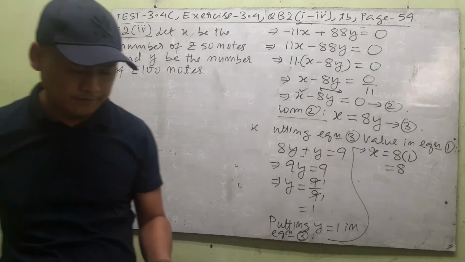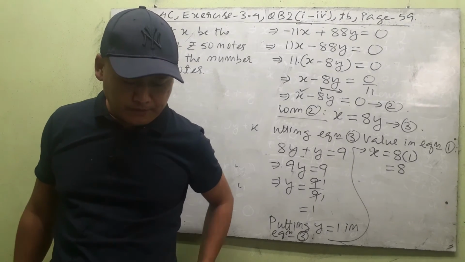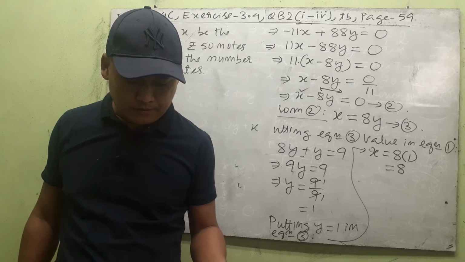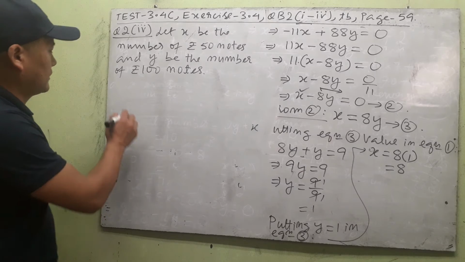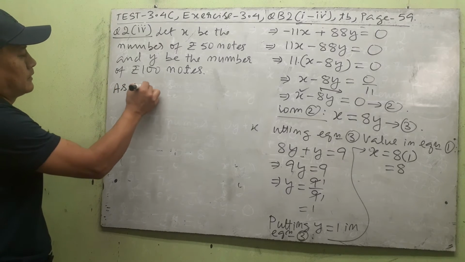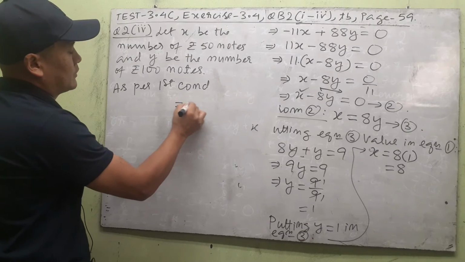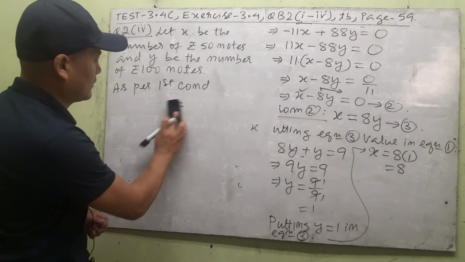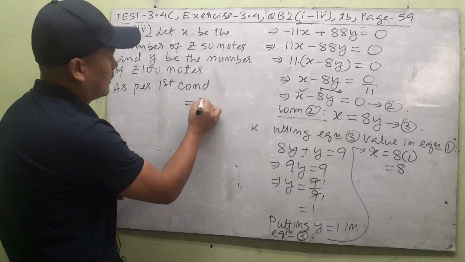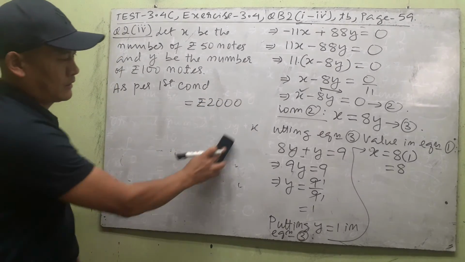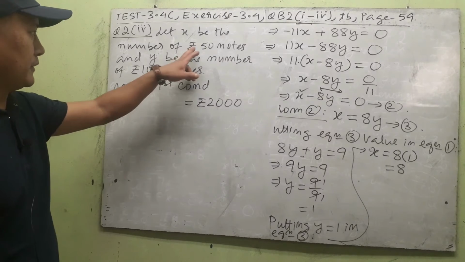Let's read the first condition. Meena went to the bank to withdraw rupees 2000, so as per the first condition, she got rupees 2000 in total. In what manner did she get 2000? With only 50 and 100 notes.